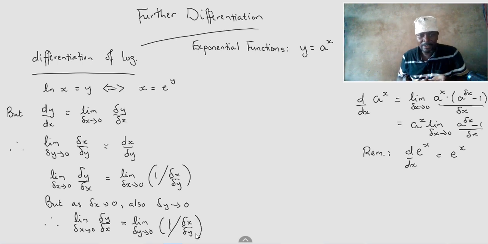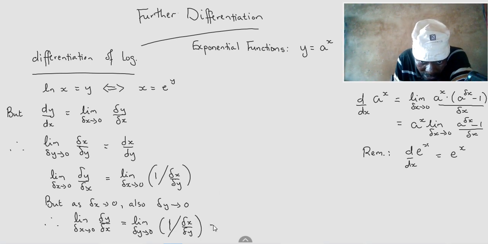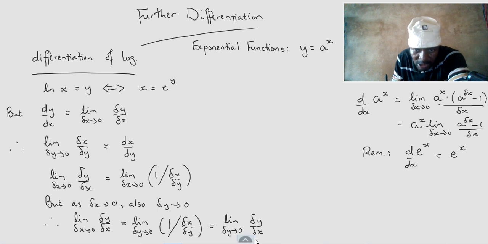Okay, if that's true, this is 1 over means swap them around, so that means limit as small change in y tends to 0 of, and this looks familiar.